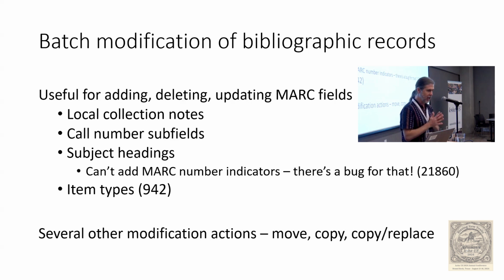For example, I have almost 3,500 manga records to which I'd like to add the appropriate LCGFT heading, but because I can't add that second indicator 7, I'm really better off doing it all in MARC Edit. If I were to add this using the batch modification tool, I would most likely have to go back through and add that second indicator 7 individually to all these records, and no one's got time for that, right?